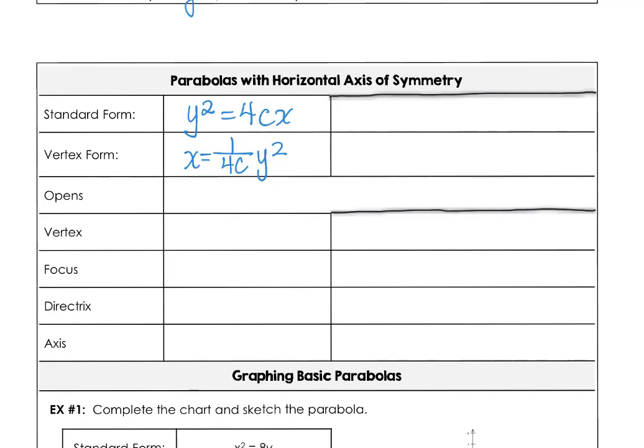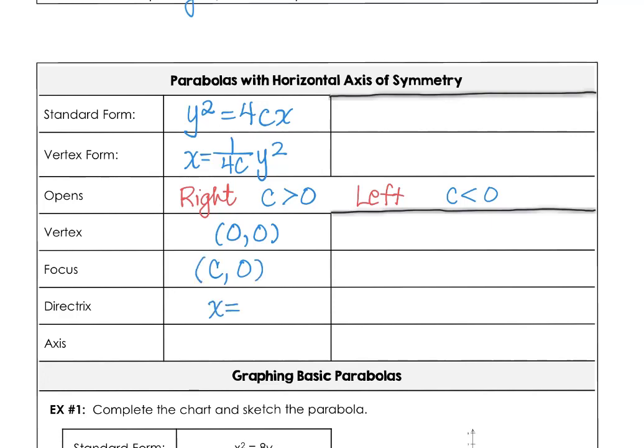That parabola would open to the right if our c value is positive, and it would open to the left if our c value was negative. The vertex in this case would still be at the origin. The focus would be (c, 0), and the directrix would be x equals the opposite of c, and the axis of symmetry would be the x-axis.